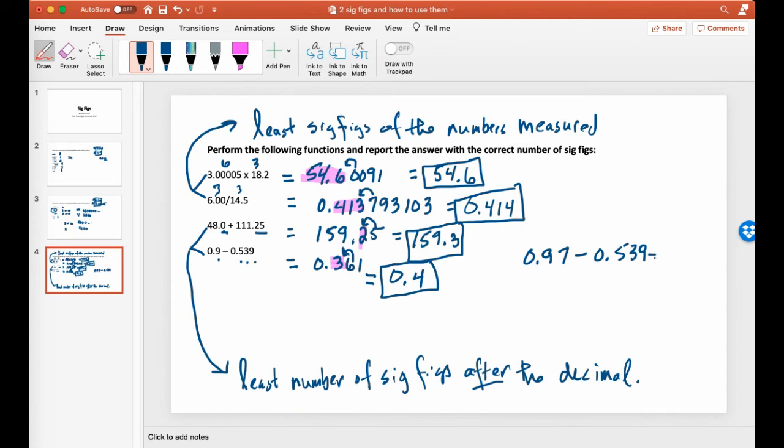That gets us an answer that is 0.431. Okay, so now we look at this and there's 1, 2 significant digits, and here there's 1, 2, 3 significant digits after the decimal. So in a situation like this, there's your 2 significant digits after the decimal. We can see this 1 would not round up that 3, so the final answer would be 0.43. Okay.